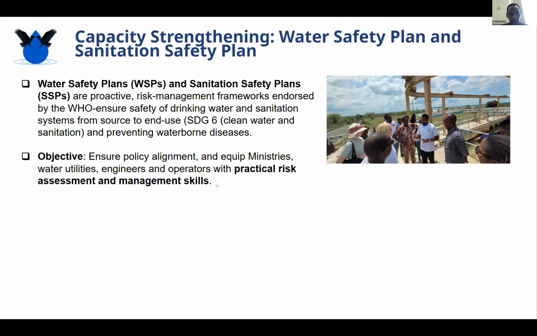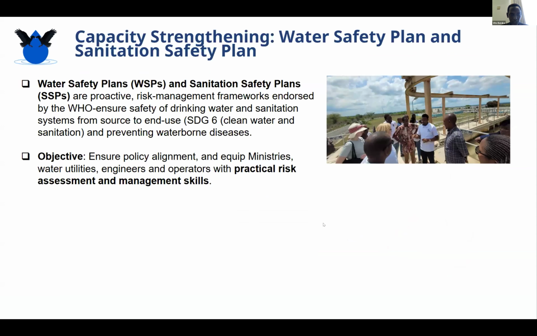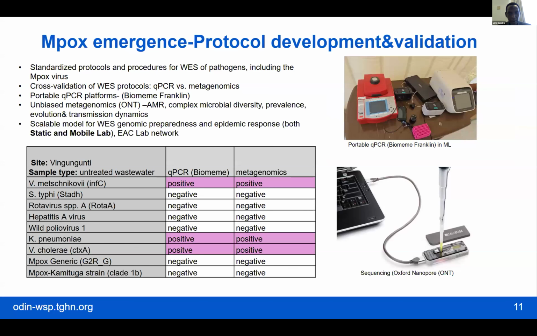So currently we are working with the ministries of water and other agencies and water utilities to develop a policy document that will support sanitation safety plans across the countries. So it's really looking into policy alignment and issues about water safety and sanitation safety plans. Go ahead, please.